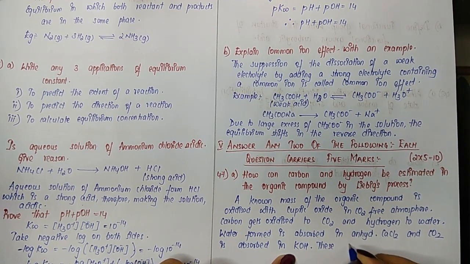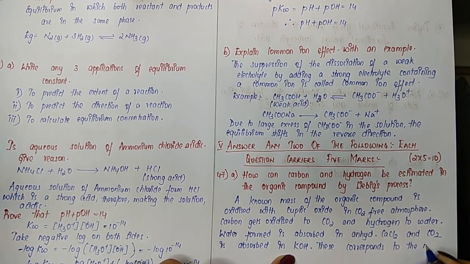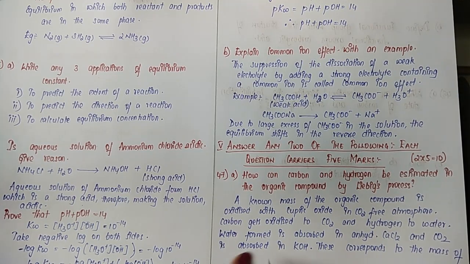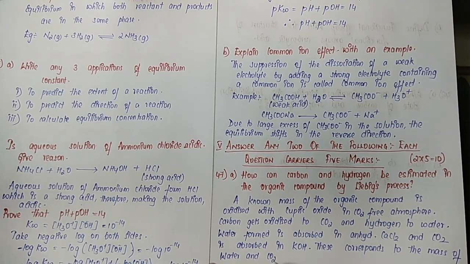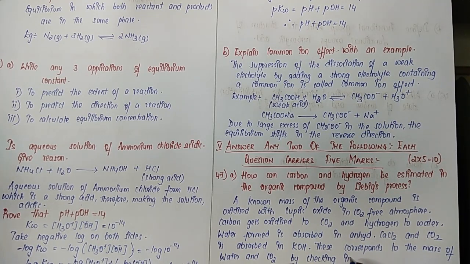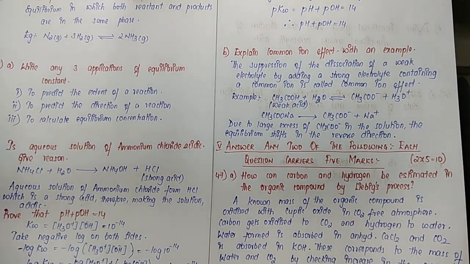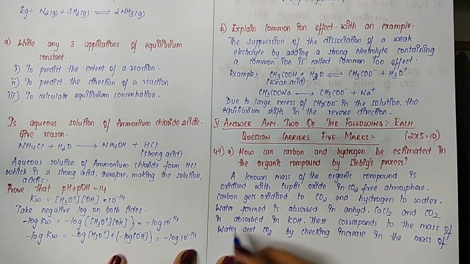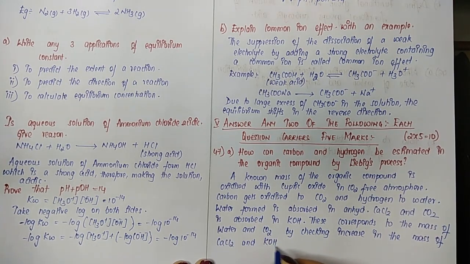Now these correspond to the mass of water and carbon dioxide by checking the increase in mass of calcium chloride and potassium hydroxide.